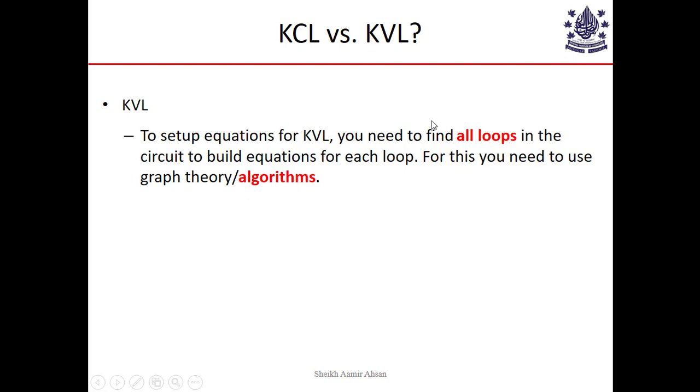Note that it's not easy to find out how many loops you may have in a circuit, because with nodal analysis you can easily find out how many nodes you have, as many as you see in the schematic. But it is not so easy to find how many loops you have, because you have a smaller loop, then a bigger loop, then an even bigger loop, and that's not as straightforward. For that you need to use graph theory and certain algorithms to find those loops.